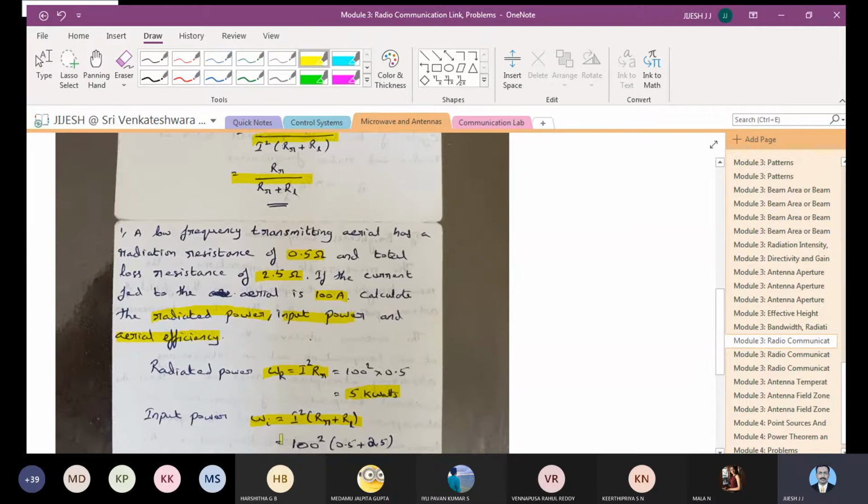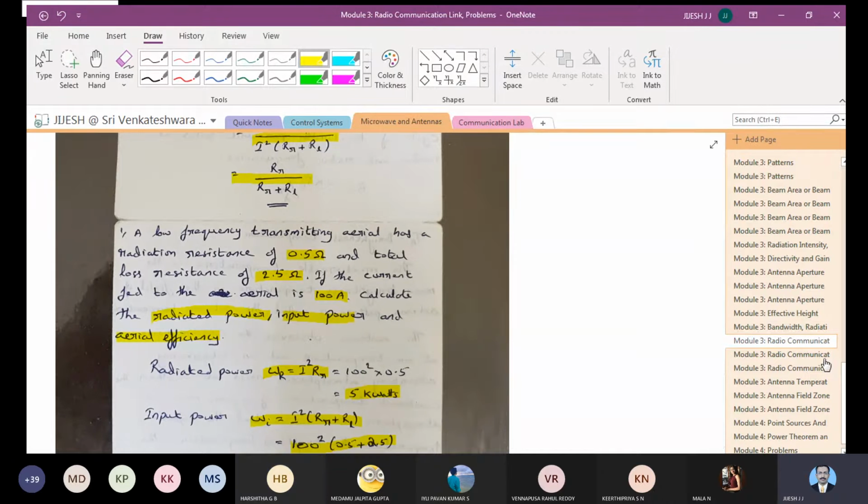So input power, you'll get as 100 square into 0.5 plus 2.5. Everything is given in the question. 0.5 is the radiation resistance, the loss resistance is 2.5. So you just substitute those things. So 30 kilowatt.